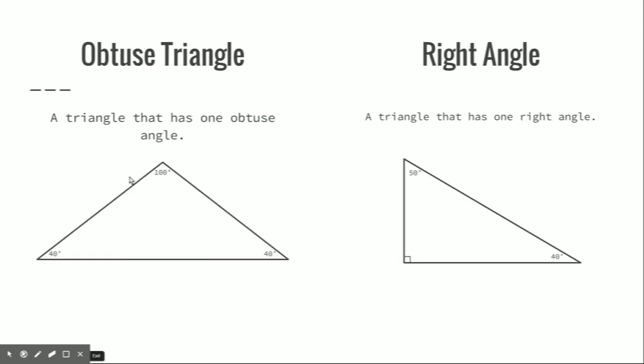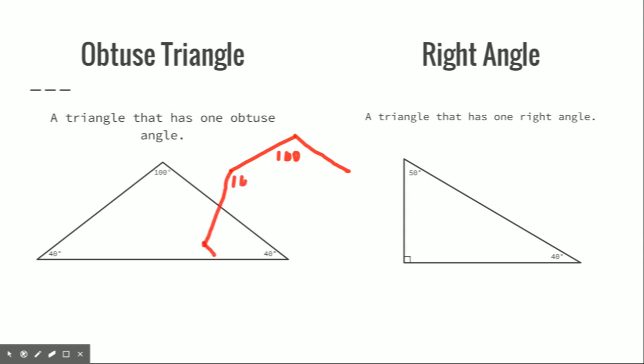An obtuse triangle is a triangle that has one obtuse angle. And it's important to note that only when you have an obtuse triangle, only one angle can be obtuse. Because think about it, what if I tried to have two angles that were obtuse? So for instance, what if I had one that was 100, and then I tried to draw another one that was 100?